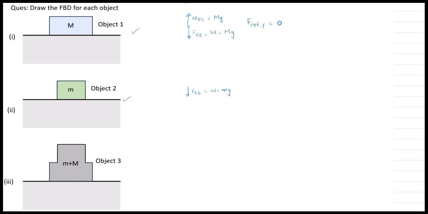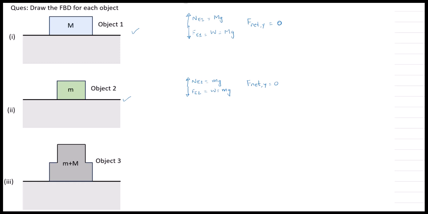And since the object is in equilibrium in the vertical direction, it's not moving up or down, there has to be an equal and opposite force, the normal force by Earth on object 2, and in magnitude it should be equal to mg. And what's the net force? Again, because there is no movement of the object, the net force along the y direction has to be 0.